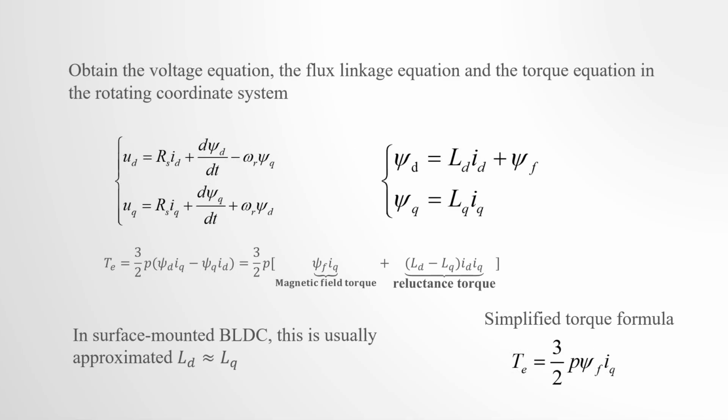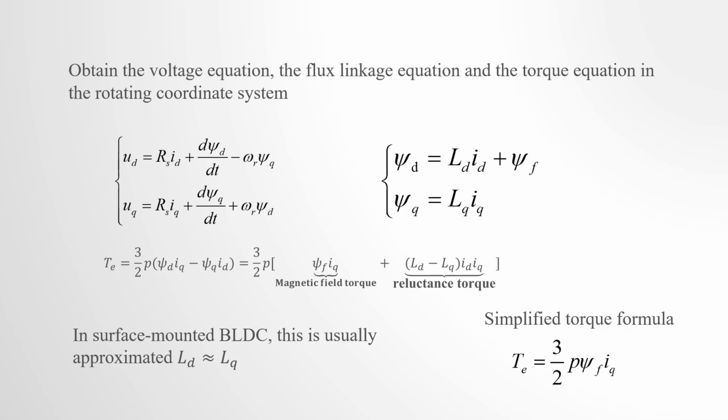In the DQ coordinate system, we obtain the relationship between voltage, flux, and current, which includes cross terms related to the electrical angular velocity, and the electromagnetic torque can be expressed as flux times the orthogonal component of the current.